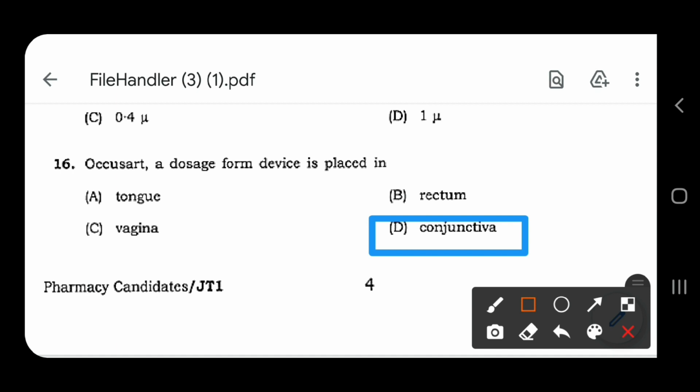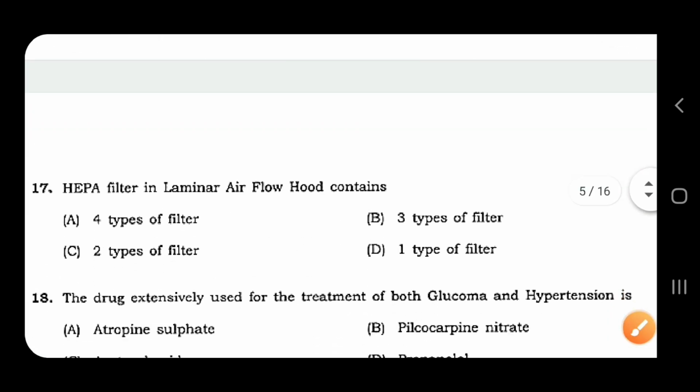If a dosage form is placed under the tongue, then it is known as sublingual. When it is inserted in rectum, it is called a suppository. And when it is inserted in vagina, it is known as pessary.